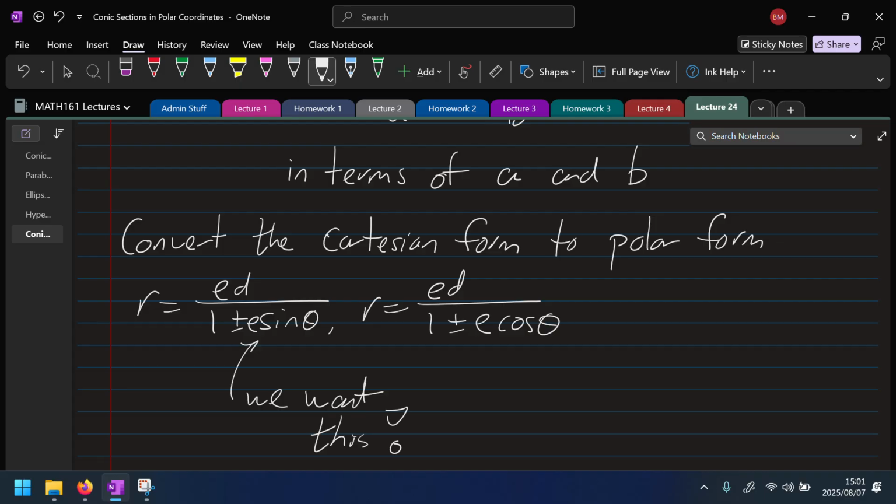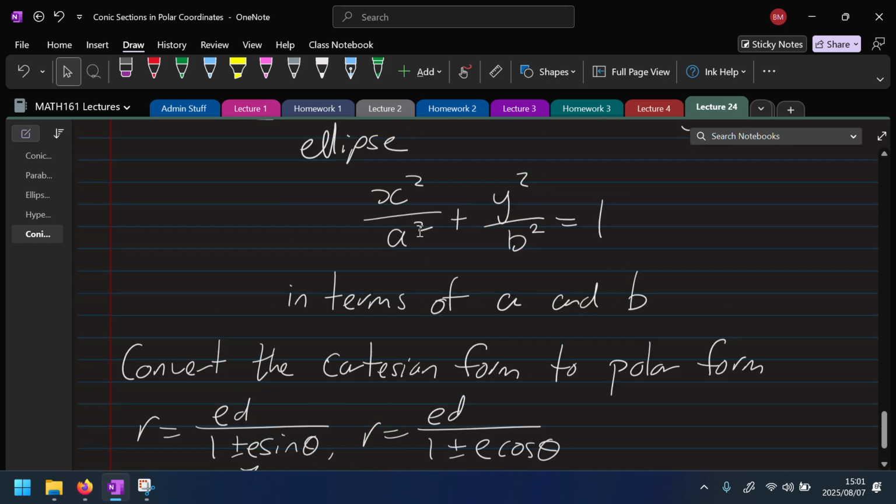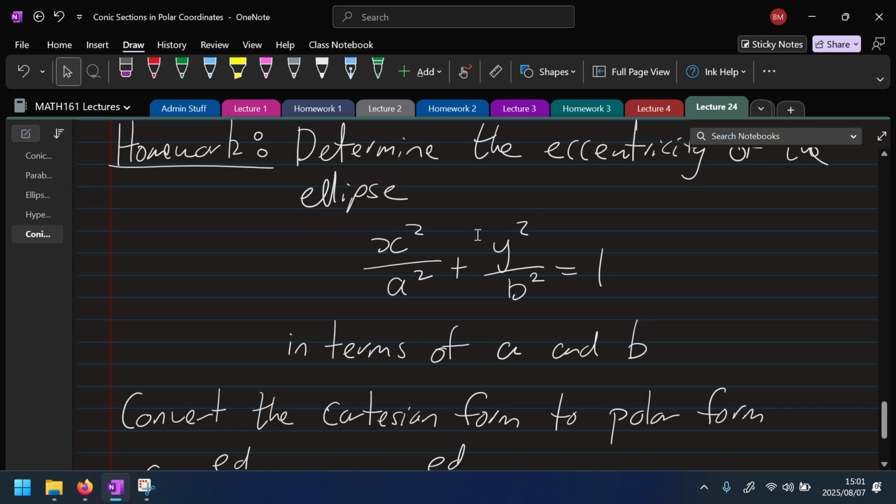No questions. Okay, so please expect something like this for class test 3. For that polar coordinate section, polar coordinates and conic sections, you might get something like this. You have to use your polar coordinate knowledge to convert it to polar and identify maybe the directrix, maybe the eccentricity.